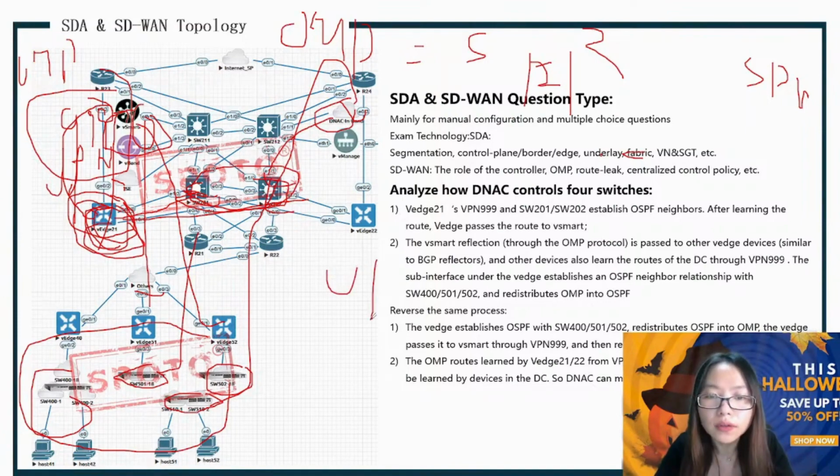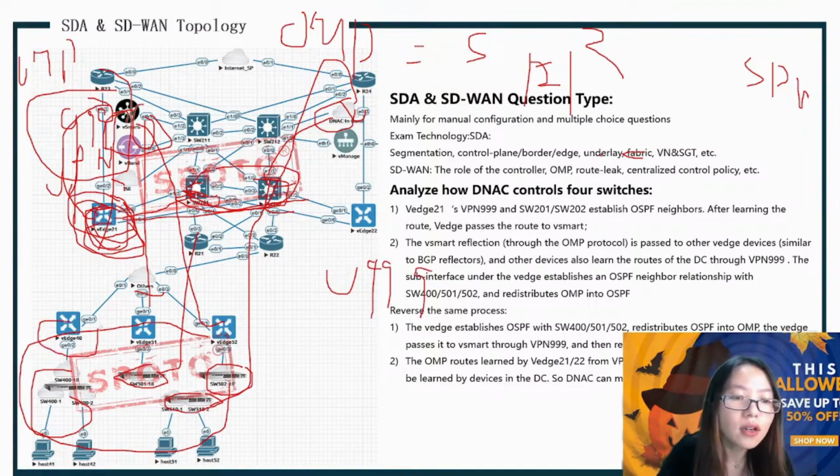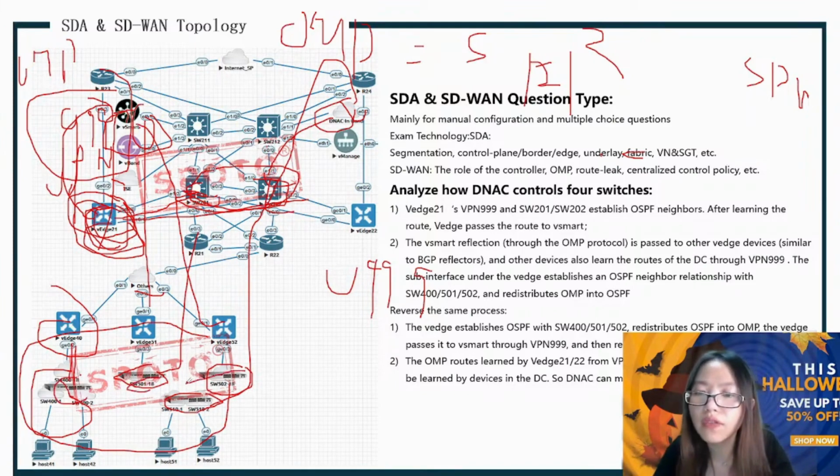In VPN 999, the server interface on the VH establishes OSPF with the switches, with switch 400, 501 and 502.